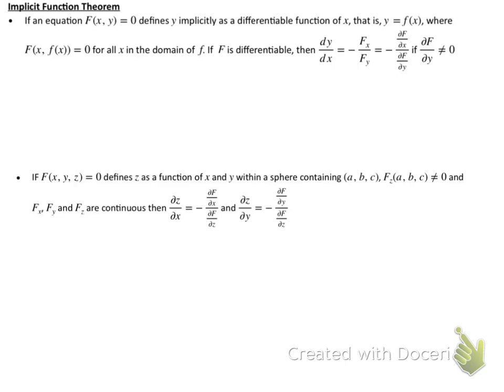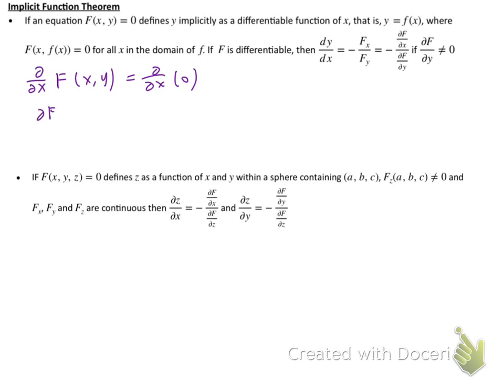But how? Well, you have F of x, y equals 0. You take x as the independent variable, but capital F has two variables. You take the derivative with respect to x here, so you are going to have partial x of F of x, y equals partial x of 0. Of course, that's 0. But on the left-hand side, what do you have?